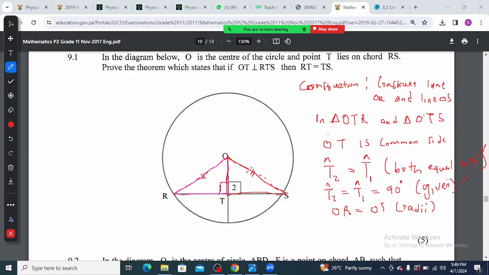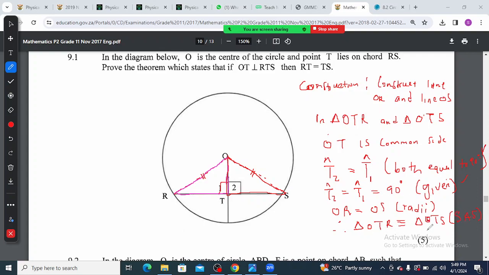Now, since I have three reasons to prove that these two triangles are congruent, I can conclude by saying: therefore, triangle OTR is congruent to triangle OTS. The reason for that is side, angle, side.